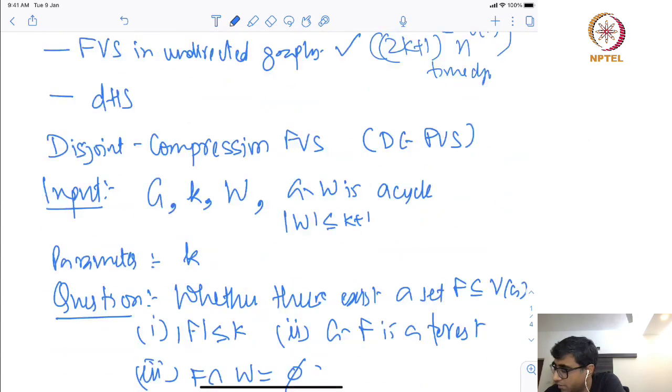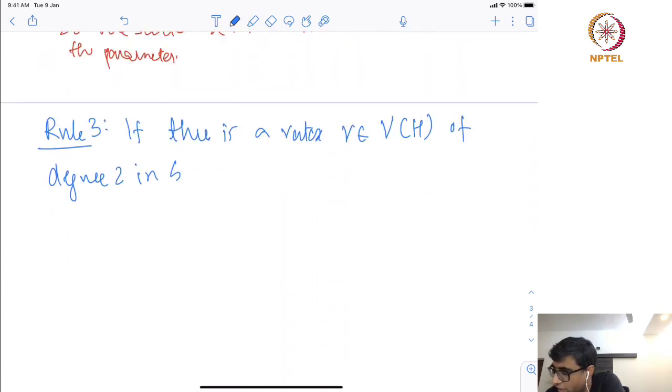So we will try to make a similar degree 2 reduction rule.